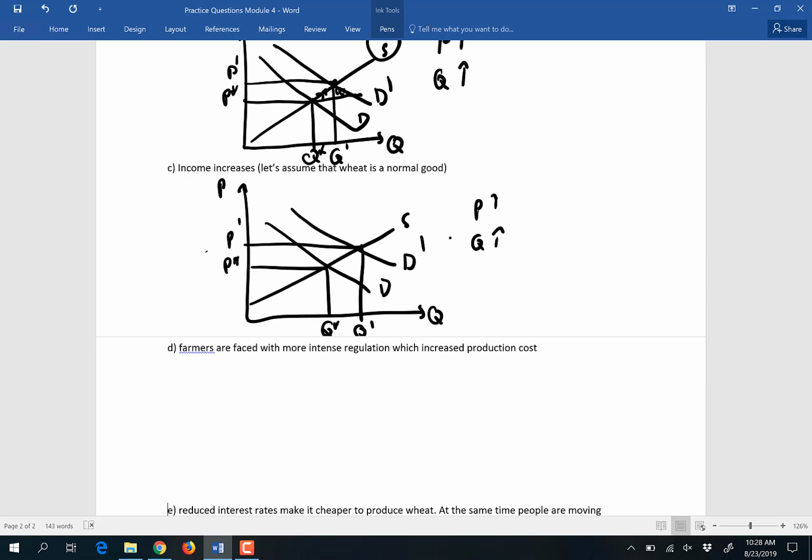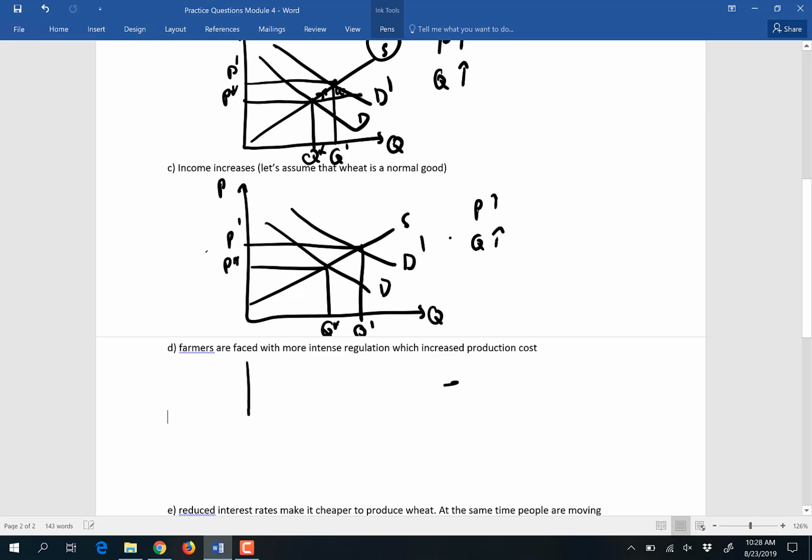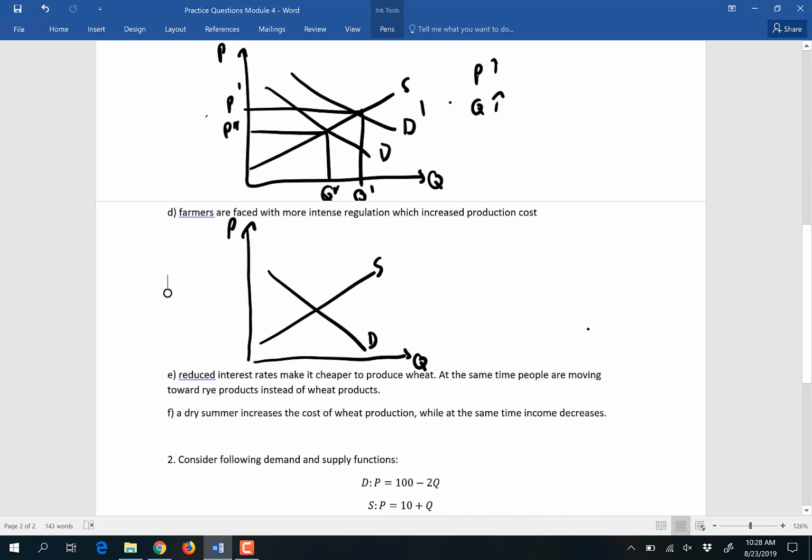How about farmers are faced with more intense regulation? So again, supply and demand, more intense regulation means that it's more cumbersome to produce, perhaps more expensive to produce.